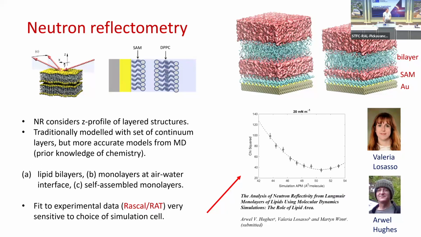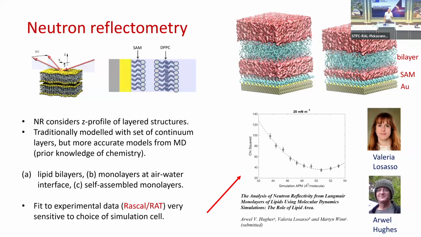And neutron reflectometry gives you a good Z profile through your sample. Traditionally, that was modeled with a simple kind of continuum layer model until people realized that you could fit atomic models to that data and get a little bit more detail out of the experiment.